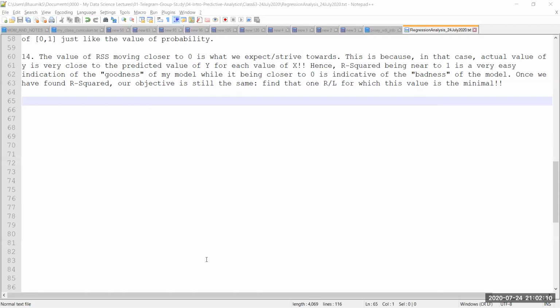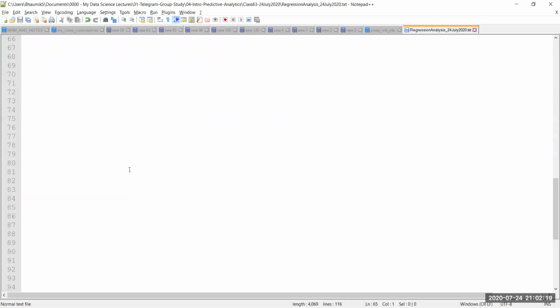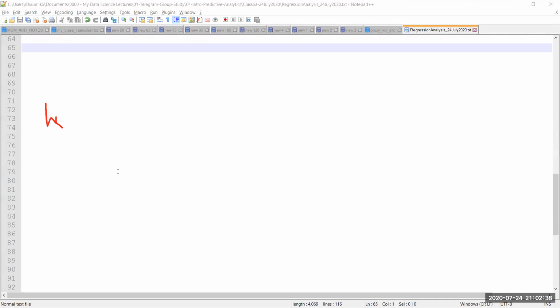Okay, so we have an equation which is h of theta x. Let me just take the line once more. So I have an equation which is h of theta, which takes the input as x.